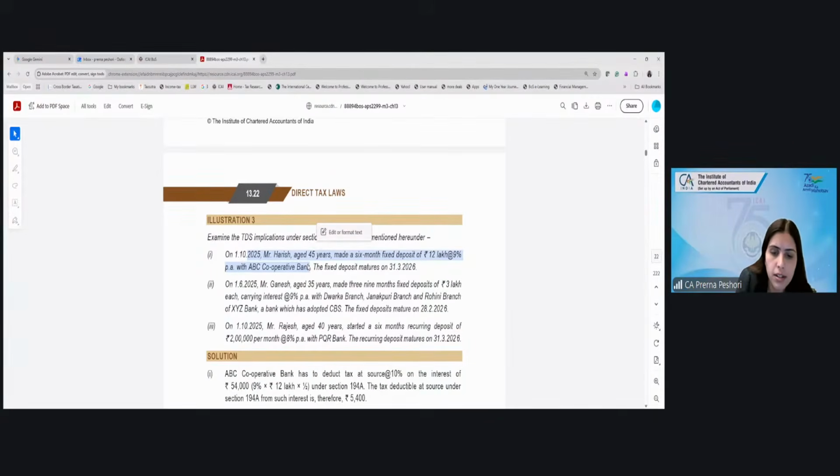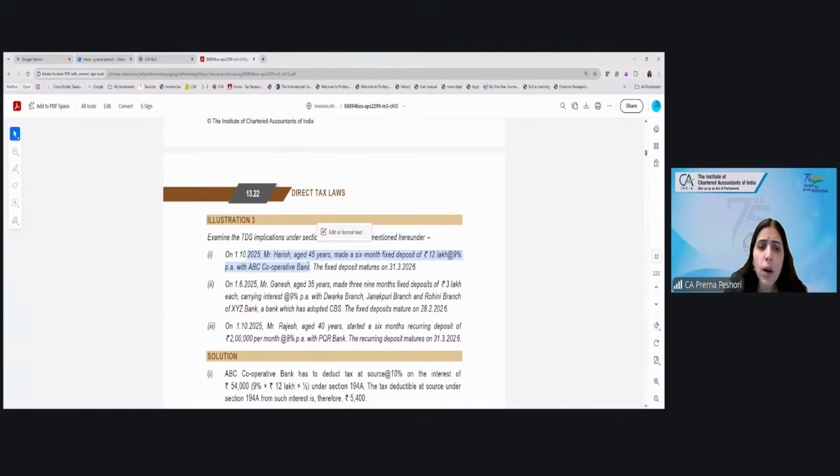Please tell me. Yes, students, faster. Whether a cooperative bank is required to deduct the TDS?